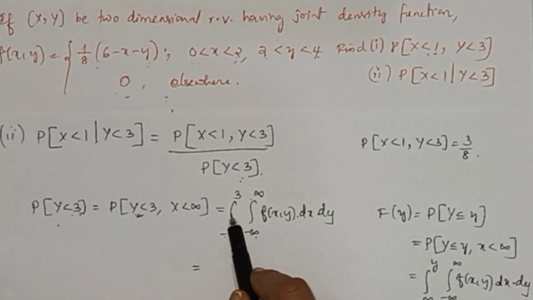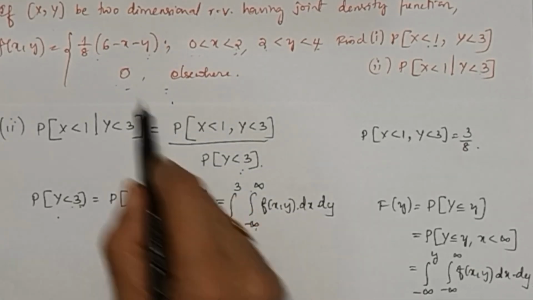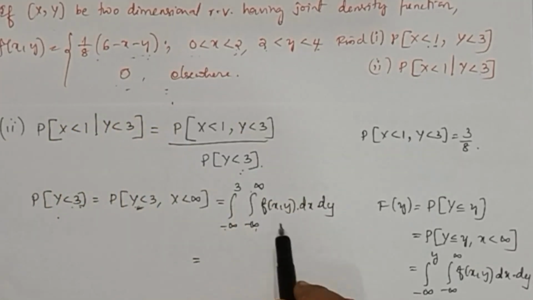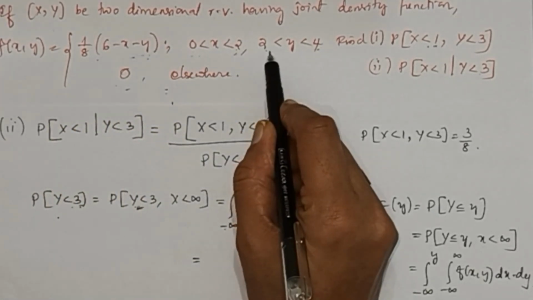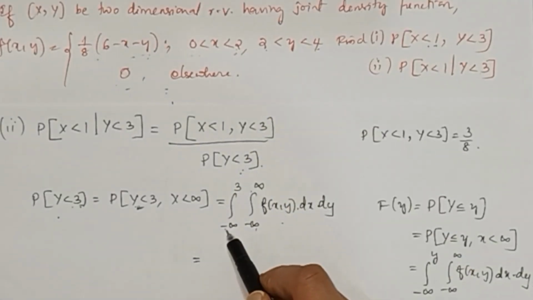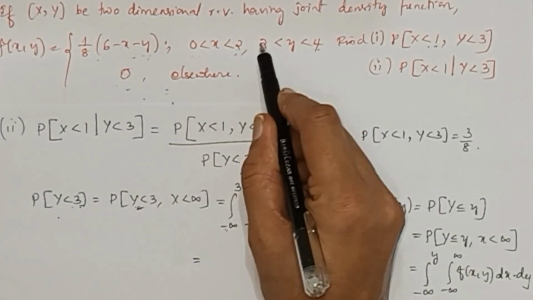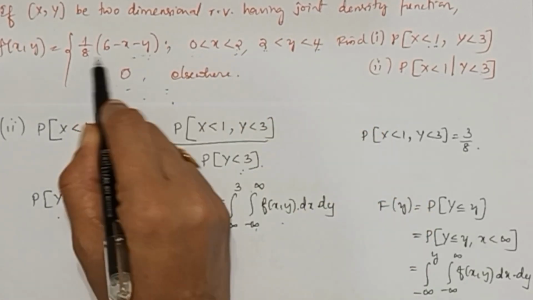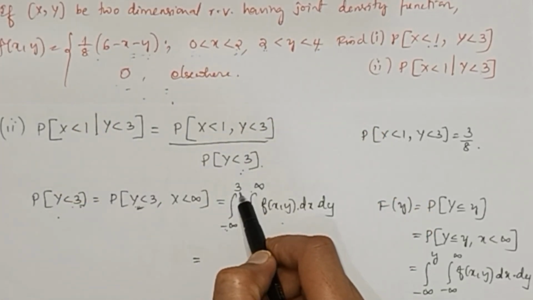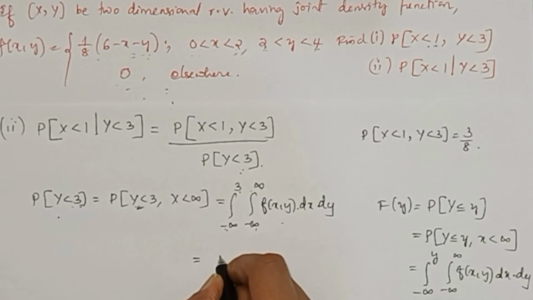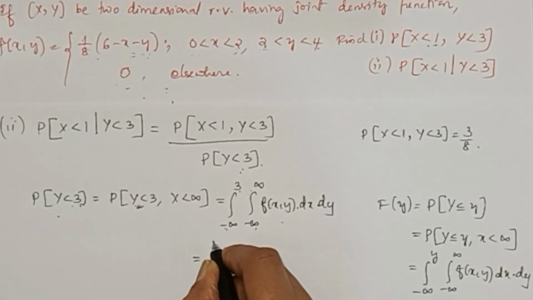Then from 0 to 2, the function is 1 by 8. That is the condition for x. Similarly here for y, from minus infinity to 2, the function is 0. Then 2 to 4, the function is this, but I need just up to 3. Okay, therefore I will have the integral from 2 to 3.